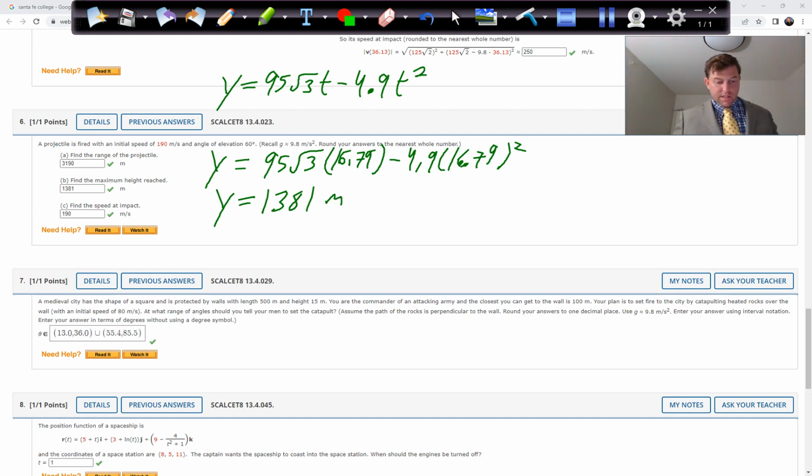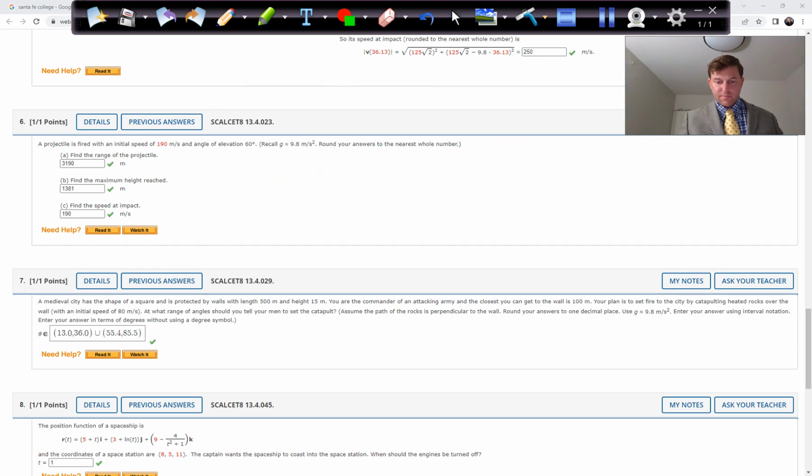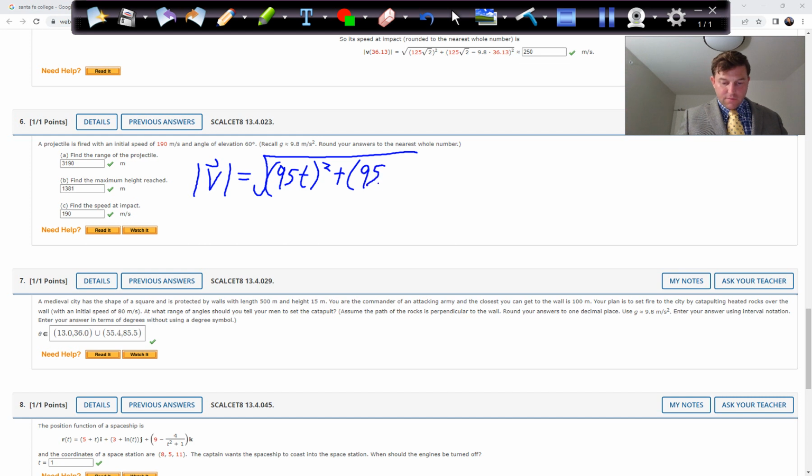Okay, now it wants the speed at impact. The speed at impact is the magnitude of the velocity vector. So it's the square root of 95t squared plus 95 root 3t minus 4.9 t squared squared.